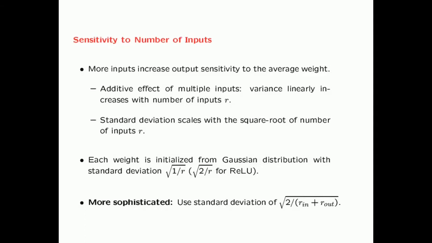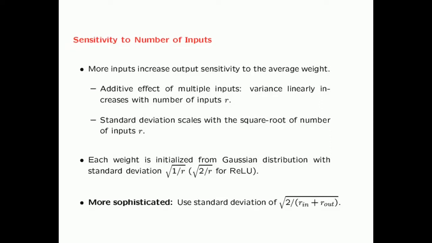One issue is that the output of a neural network is sensitive to the number of inputs. There's an additive effect of multiple inputs, and you can show that the variance of the output increases linearly with the number of inputs r, which basically means that the standard deviation scales with the square root of r.